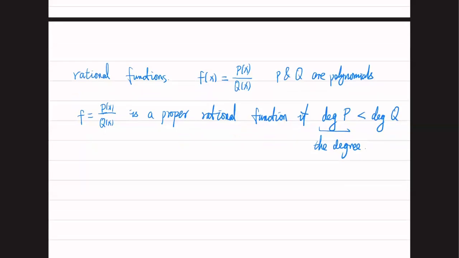We compare the degrees of the numerator and denominator. If the numerator's is smaller, then we say this is a proper rational function. Otherwise, we say it's improper. Let's see an example. A simple one.